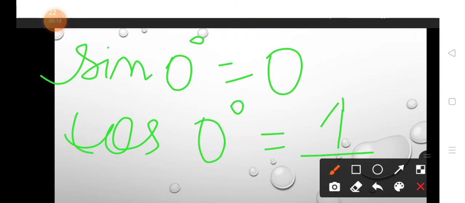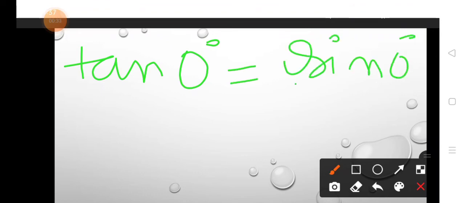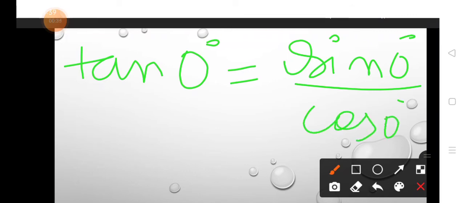From here what we will do is, we know the relation that tan theta equal to, or tan 0 degree equal to sine 0 degree by cos 0 degree. Yes or no? Now I have found just now that sine 0 degree is 0, cos 0 degree is 1.